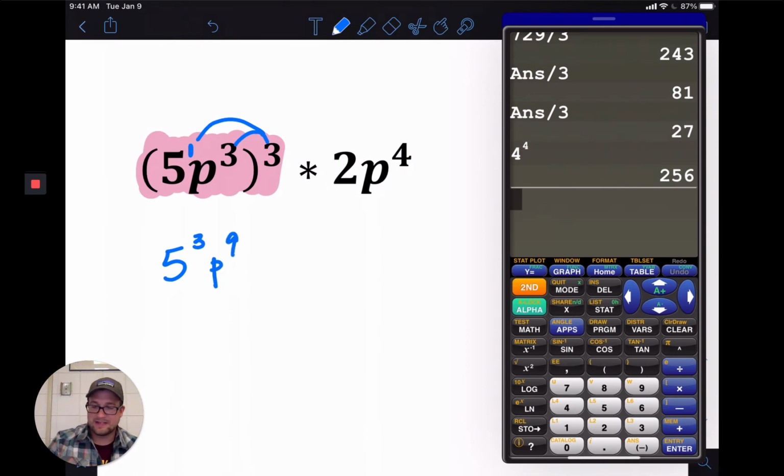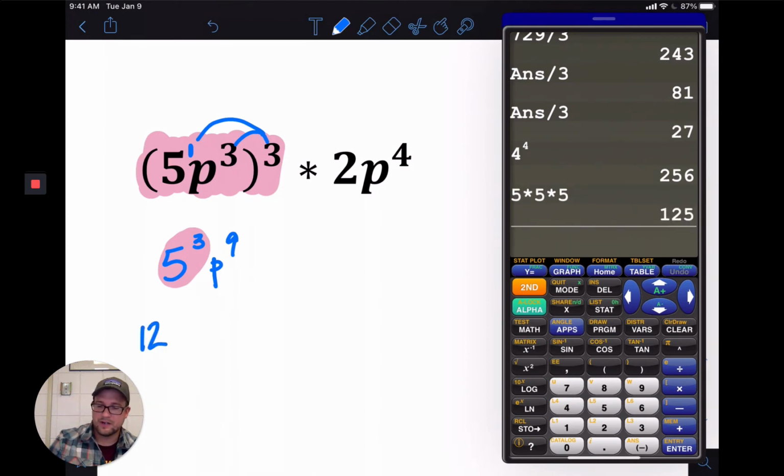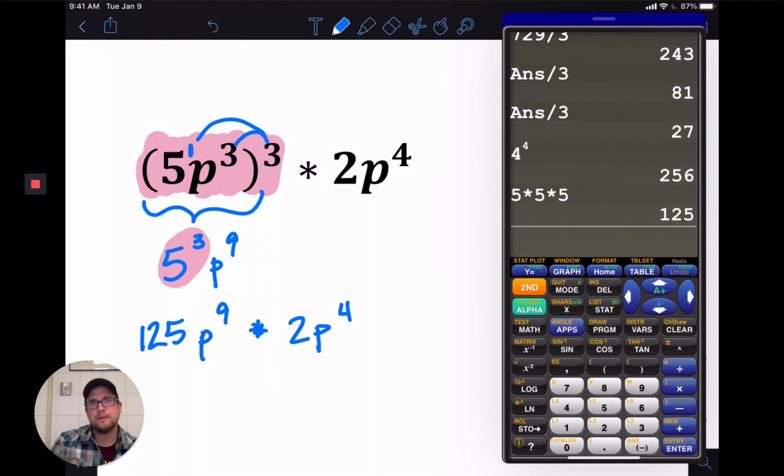Now we can make that simpler because we know that 5 to the third really just means 5 times 5 times 5, which is 125. So right now, this whole idea reduced to be 125, but don't forget that is still being multiplied by 2p to the fourth.